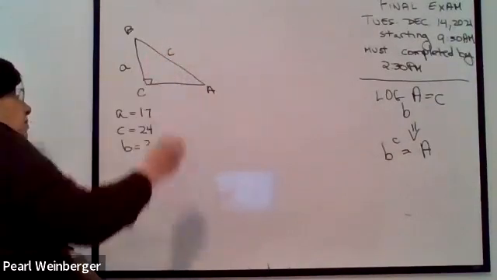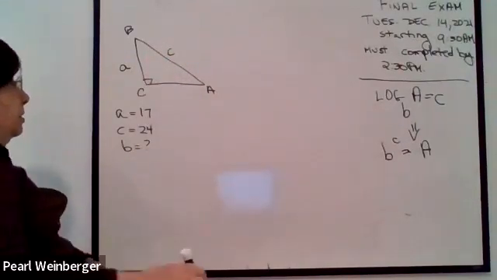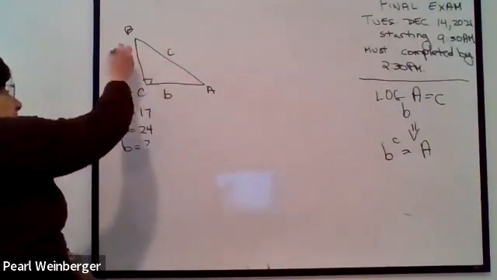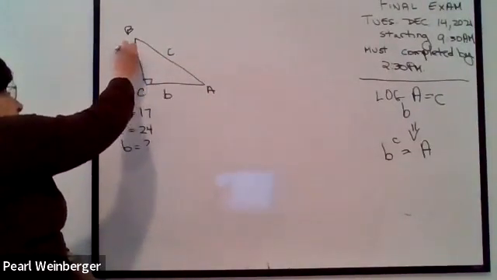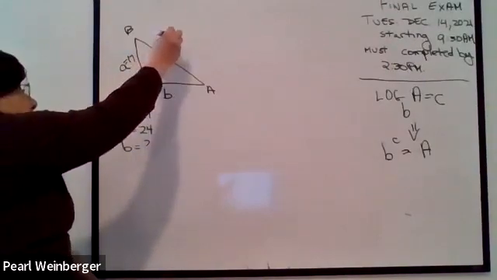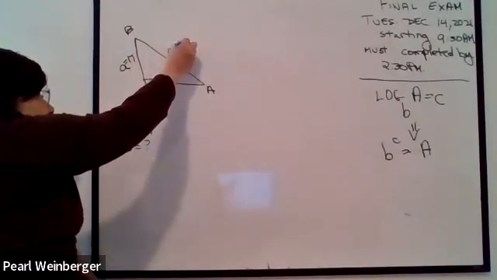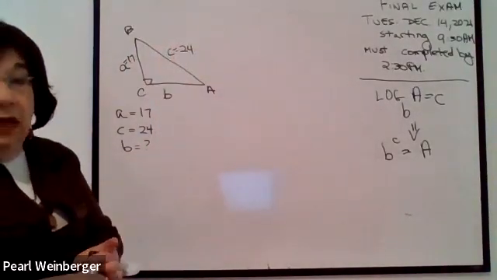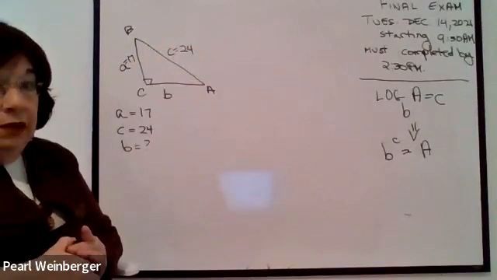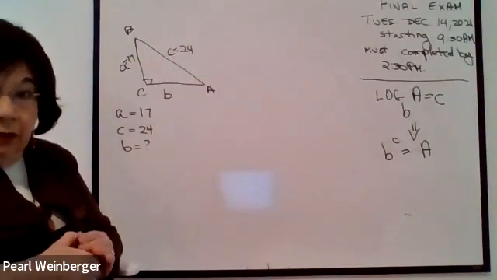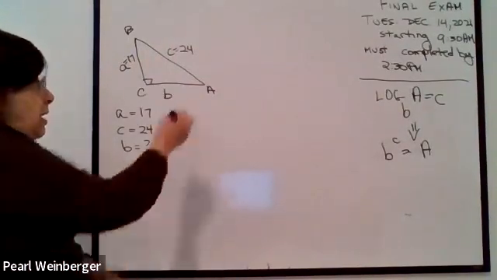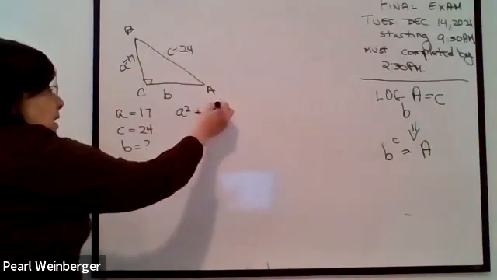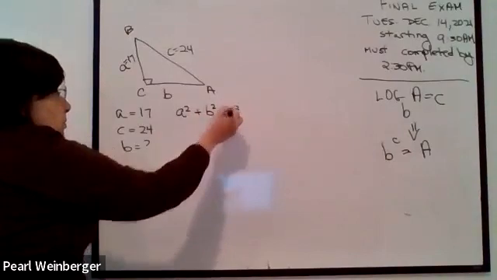In other words, this is our hypotenuse, and this is B. And we were told that A is 17 and C was 24. And the way we find the third side of a right triangle is by using the Pythagorean theorem. A squared plus B squared has to equal C squared.